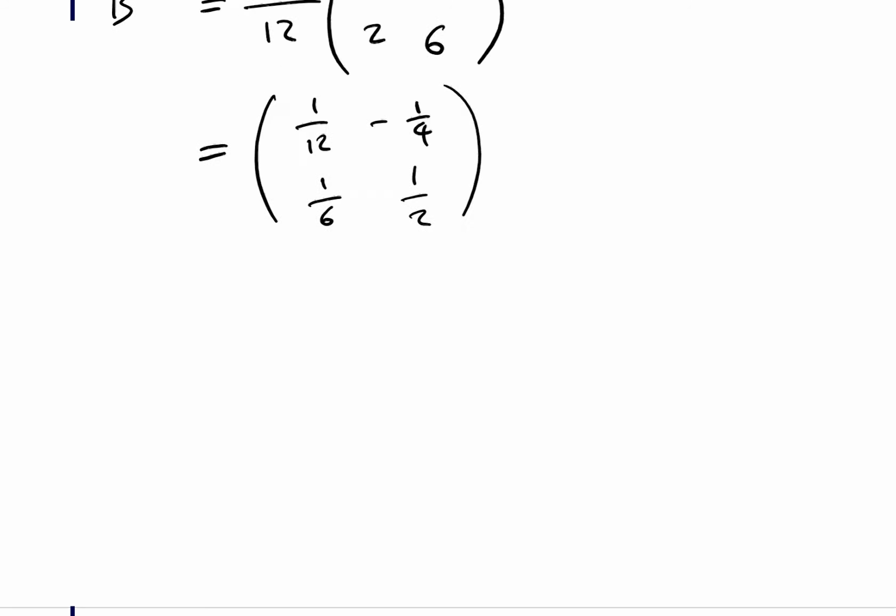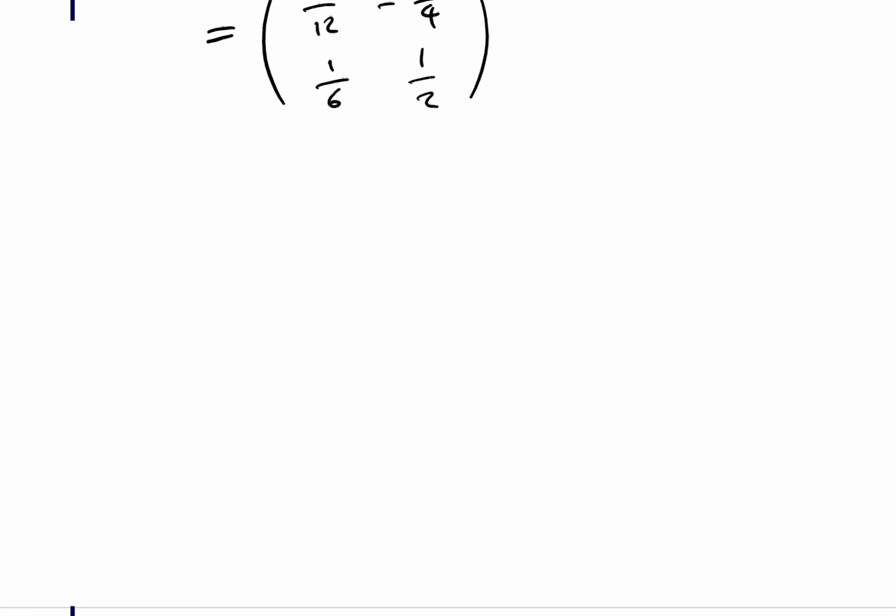Now, why is that useful? Well, let's say we have an equation, something like B times a matrix equals A, and we want to find out what this matrix is. One of the ways we can do that is multiply by the inverse. Remember, when we multiply matrices in matrix algebra, we always stick the thing which we multiply by out the front.